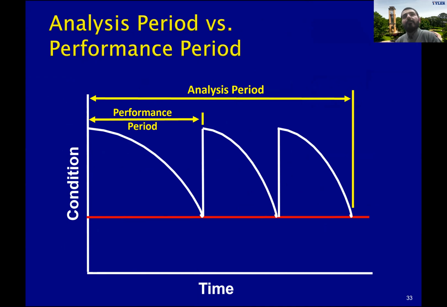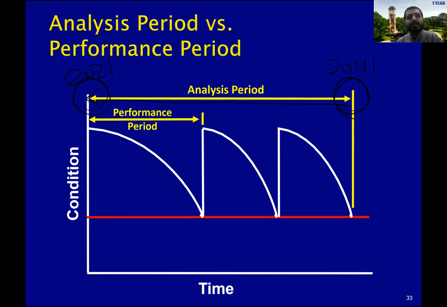Very important: what's the difference between the analysis period and the performance period? The analysis period begins when I start with a new construction and ends with another cycle of new construction. For example, I build a new road here in Tyler in 2021, and I'm designing it for, let's say, 20 years, so 2041.